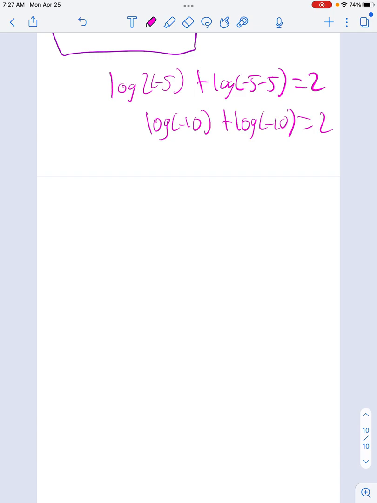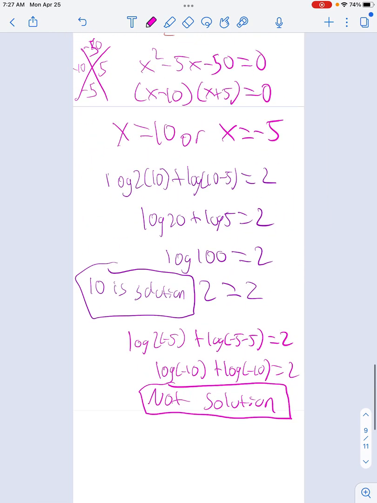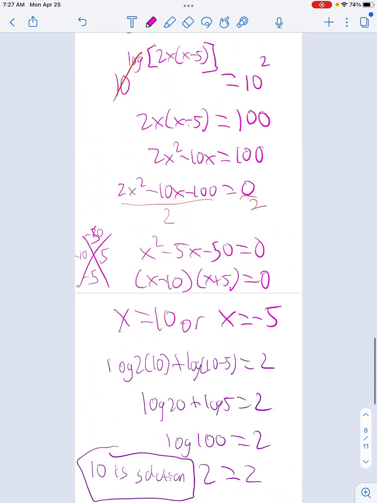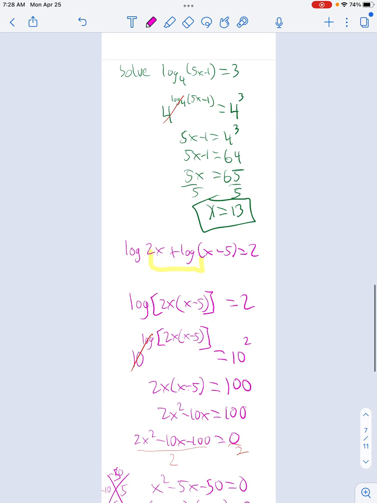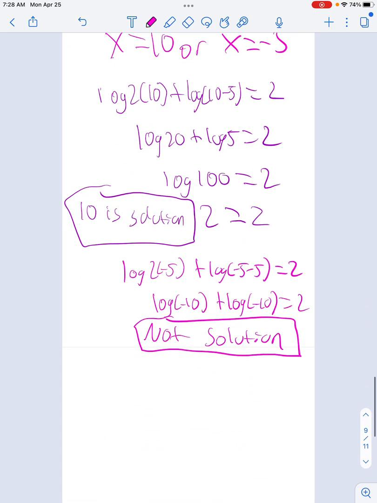So I really can't find anything because, again, it's outside of my bounds. It's not going to work. So if I get more than one solution, I have to check my answer to see if it makes sense. So algebraically, yes, I got two answers. But in the context of this problem, log of negative 10 is not defined. So negative 5 cannot be a solution.